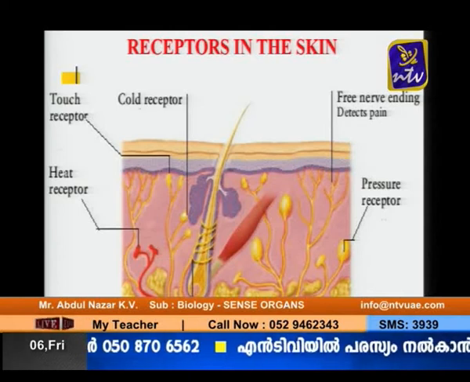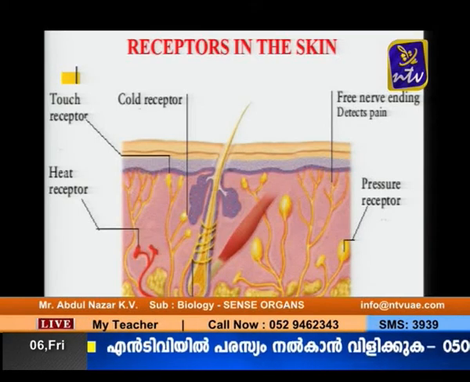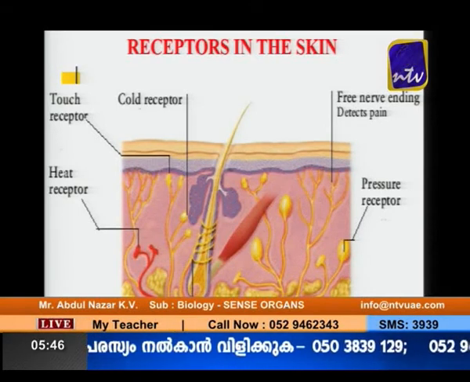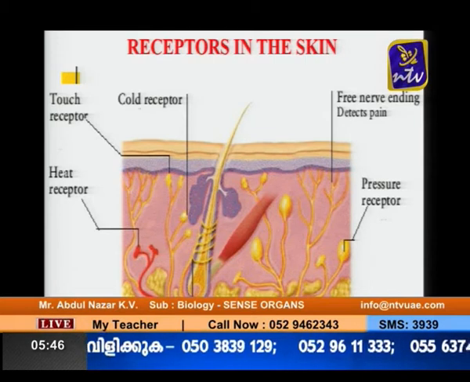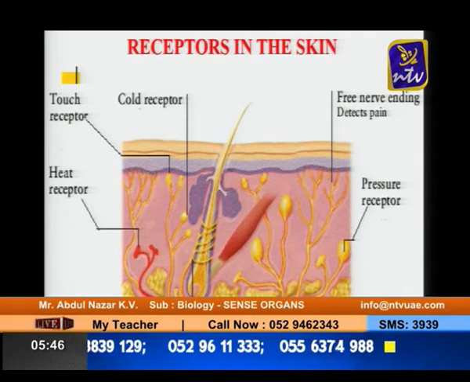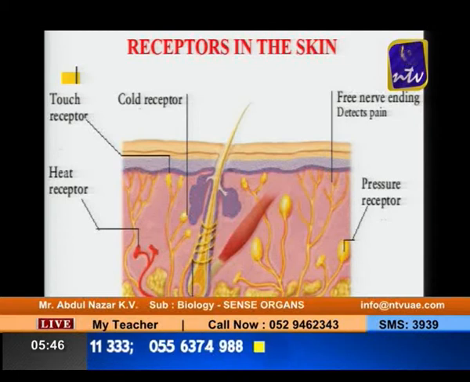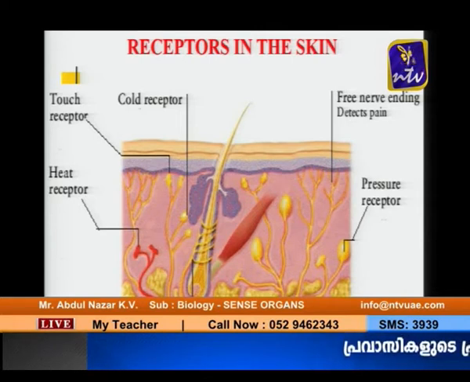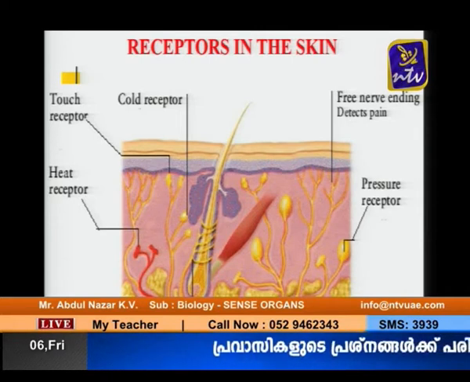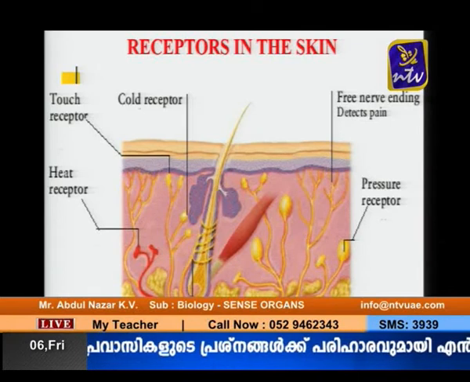Skin can register 5 senses. They are: 1. Touch receptor. Second one, cold receptor. And the third one, pressure.